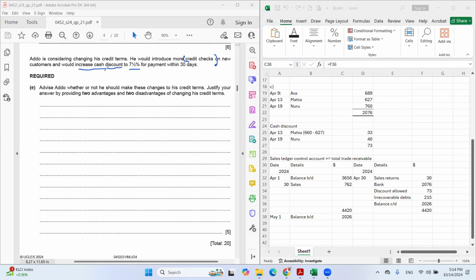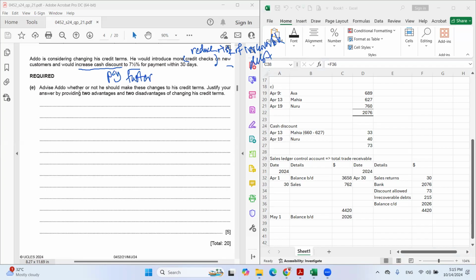So give higher cash discount. That means you will encourage customers to pay you faster. So this one, pay faster. This one, check the new customer, then reduce the risk of irrecoverable debt. So these are two things.